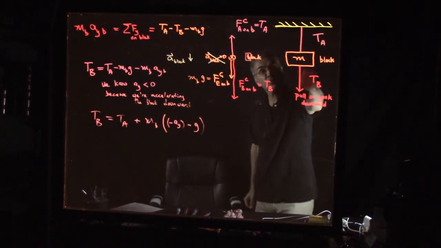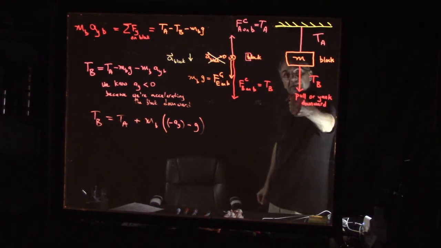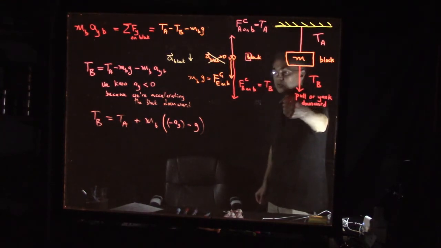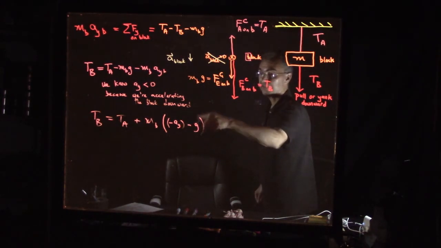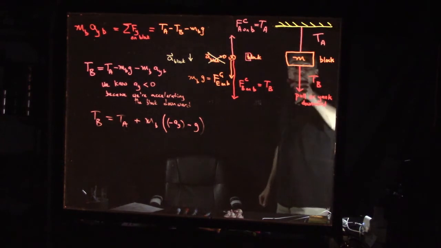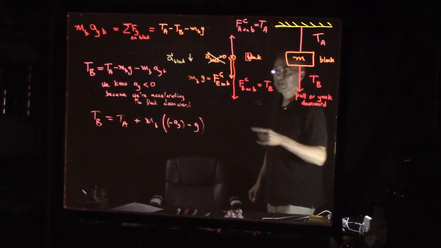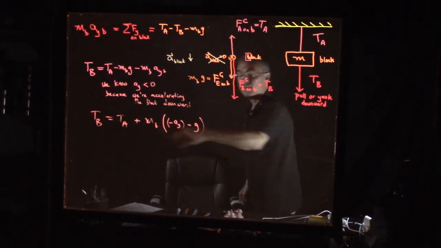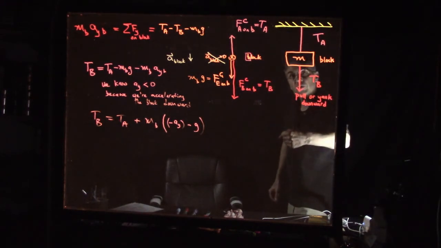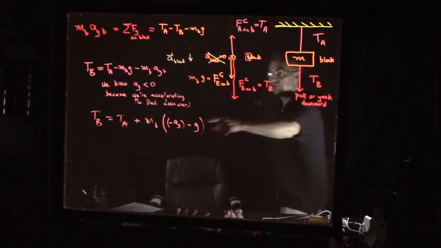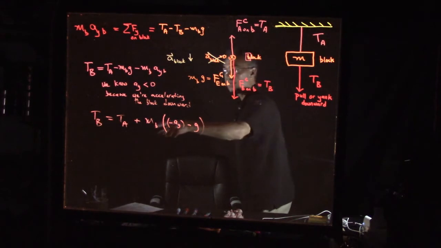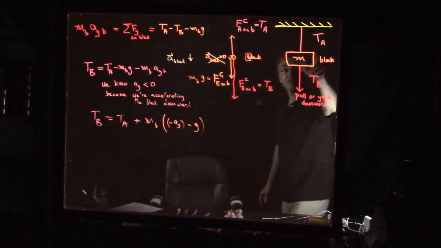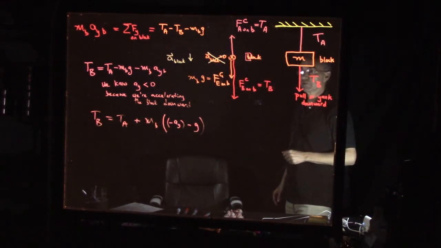If I pull string B slowly so that the acceleration of the block is smaller in magnitude than little g, then the top string breaks first. But if I yank on the string so quickly that the block starts to accelerate with a downward acceleration bigger than g, then the tension is bigger in the bottom string, and the bottom string breaks first.